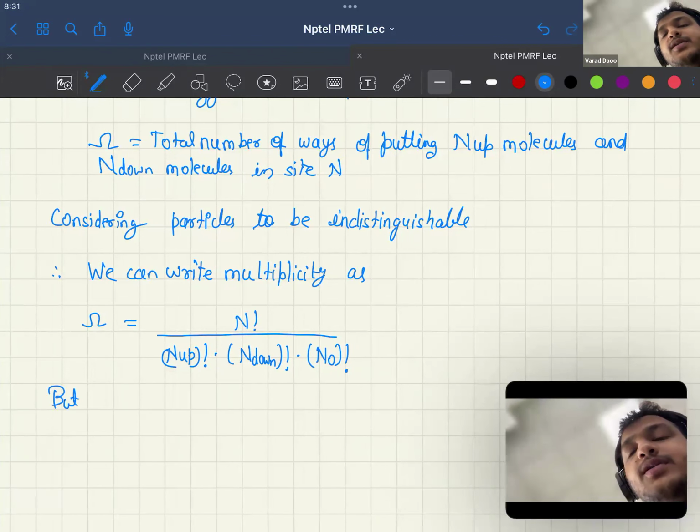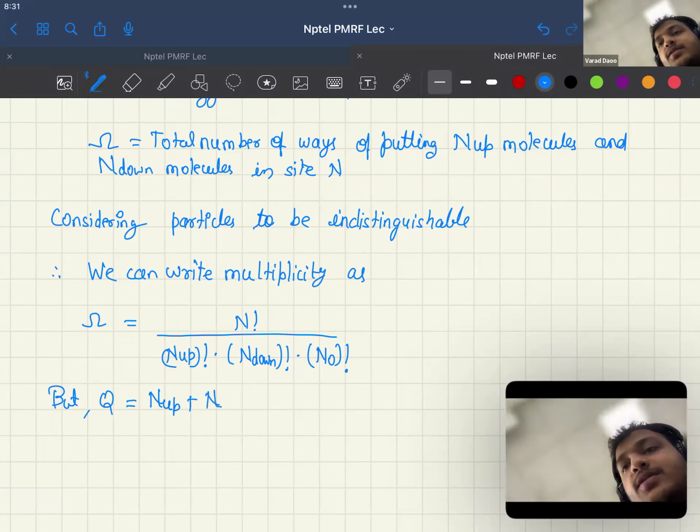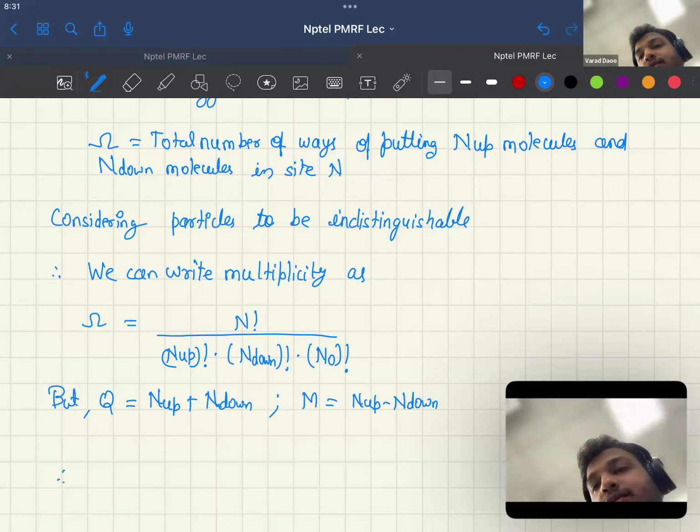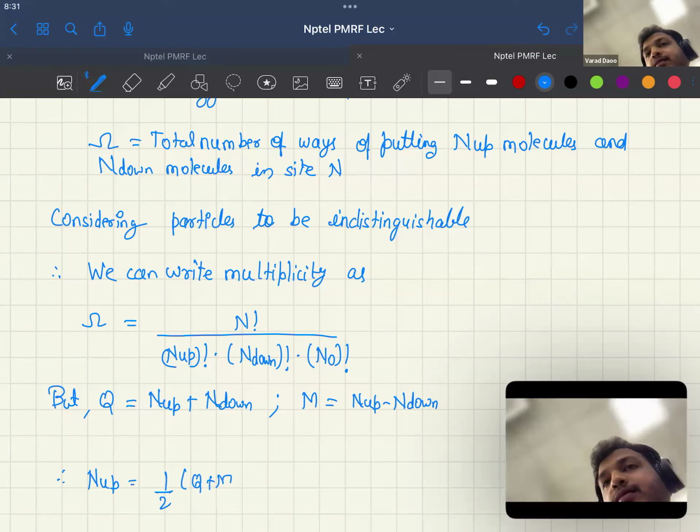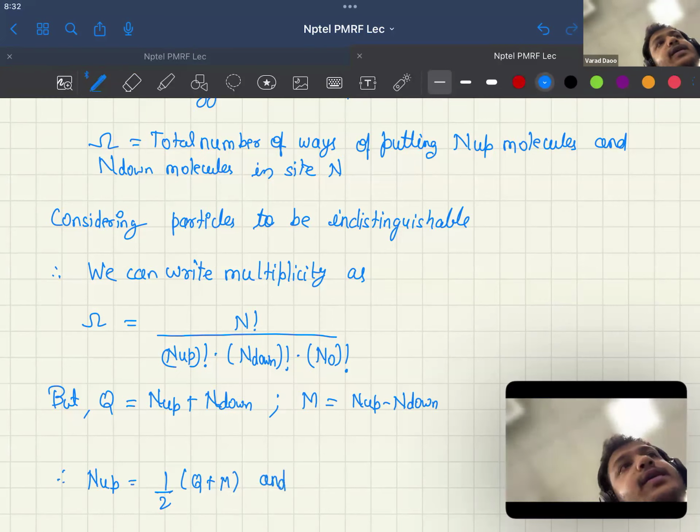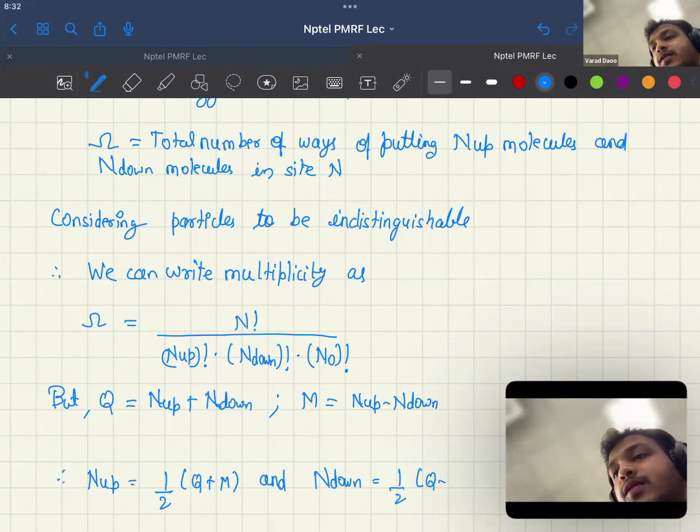But remember that Q is equal to N up plus N down, and M is equal to N up minus N down. Therefore, N up is equal to half of Q plus M, and N down is equal to half of Q minus M.